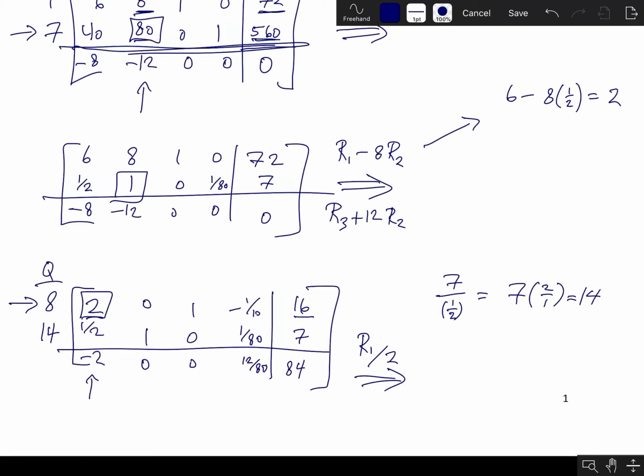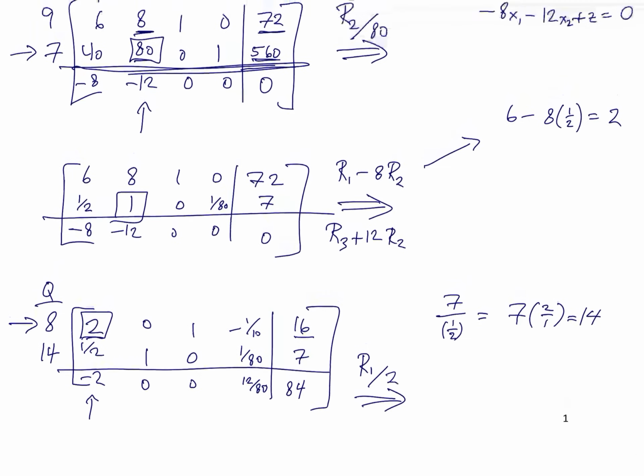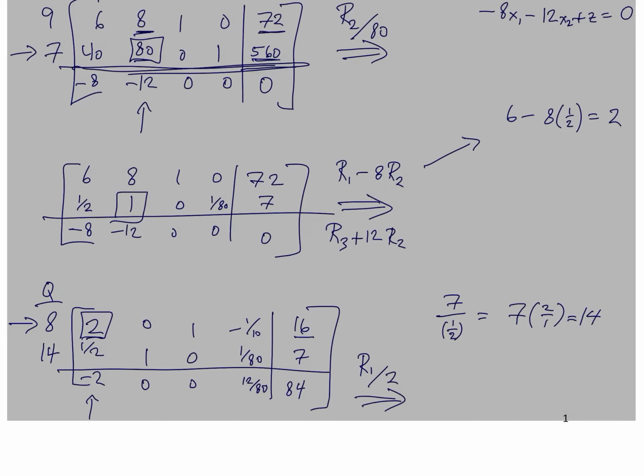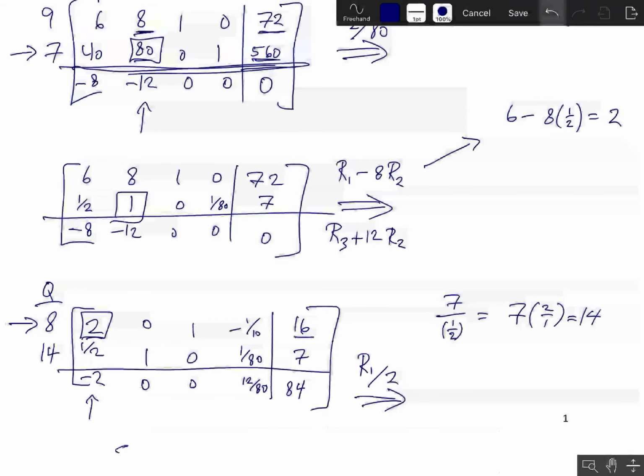And I'm just going to copy this down onto the next page. So I'll show you what happens when you divide that top row by 2. Notice that in this fourth entry in the top row, we'll be dividing by 2. So that would be a negative 1/10 divided by 2, which should be negative 1/20. So that's the entry that we'll get there.